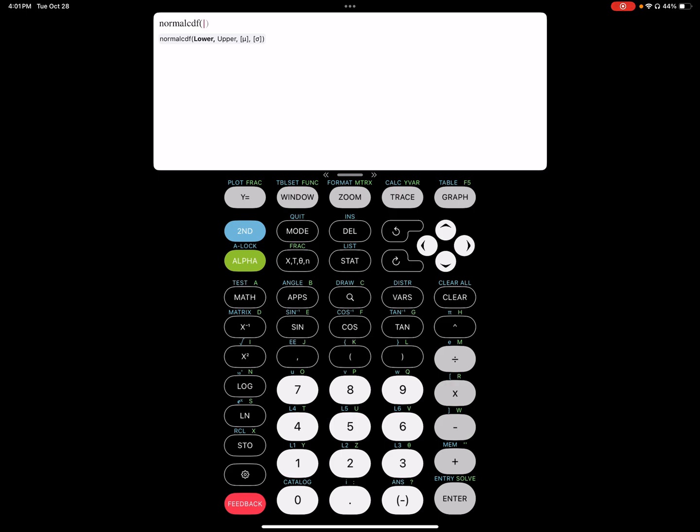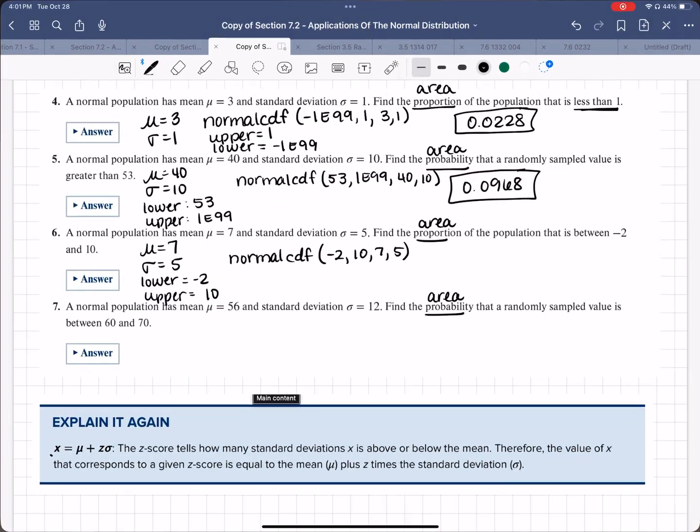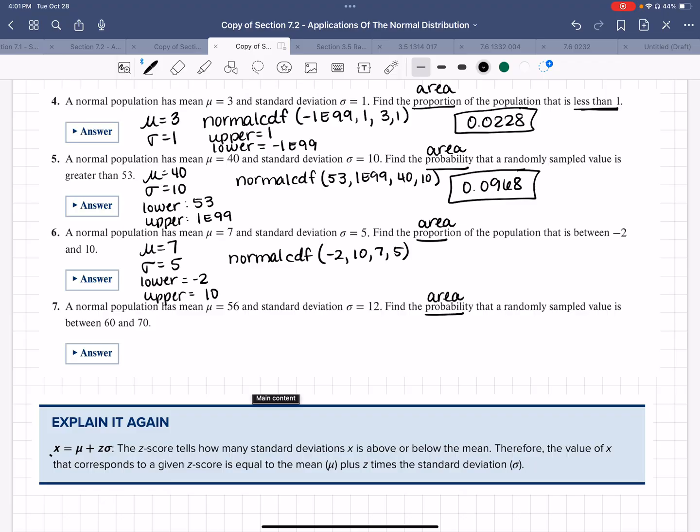I have -2 as my lower, 10 as my upper, 7 as my mean, and 5 as my standard deviation. I hit enter, and that gives me 0.6898, about 69% of my population.